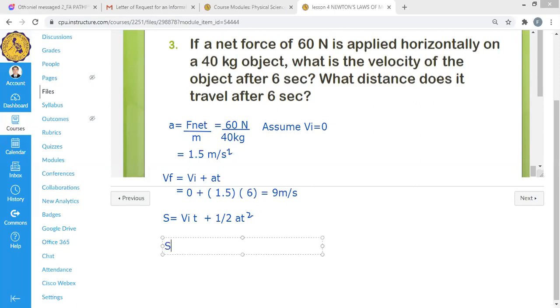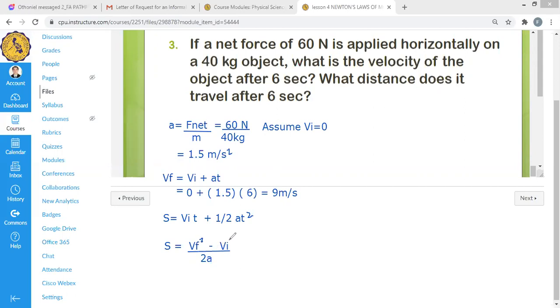You can also use S equal to VF squared minus VI squared divided by 2A. And we expect that this one will give the same answer as the one that we have above. Although this is a different expression, we believe that they should end up with the same answer.